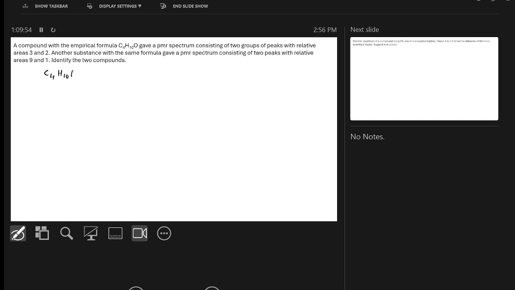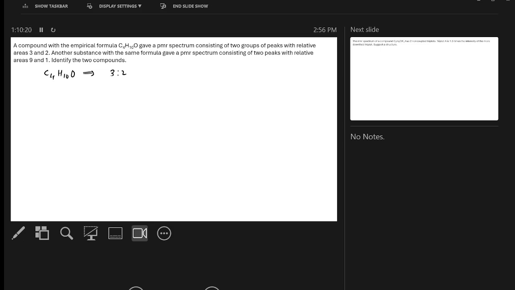So first, it's giving 3:2. The intensity of the peak represents the number of protons in proton NMR. So here the ratio is 3:2. That is 5 protons only, correct? But we have 10 protons in the molecule.